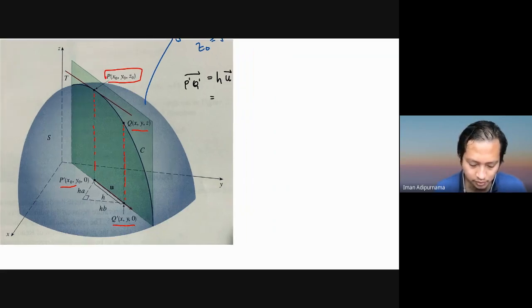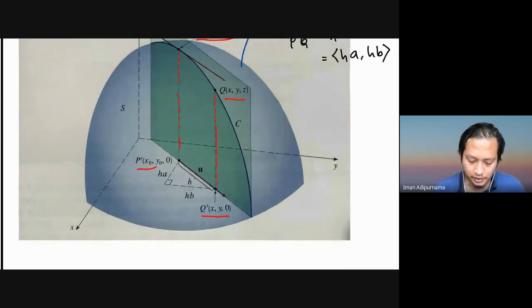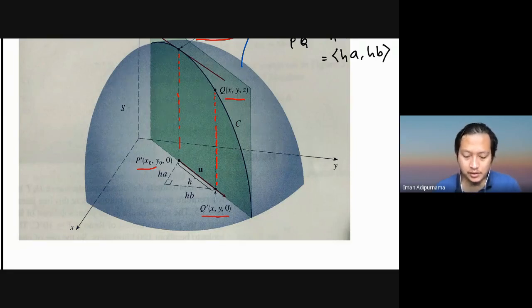Or we can write this as HA and HB. So why do we have H here? Because we are projecting the component. Remember in chapter 12 on vectors, you have projections, and you may have a scalar for the scaling.